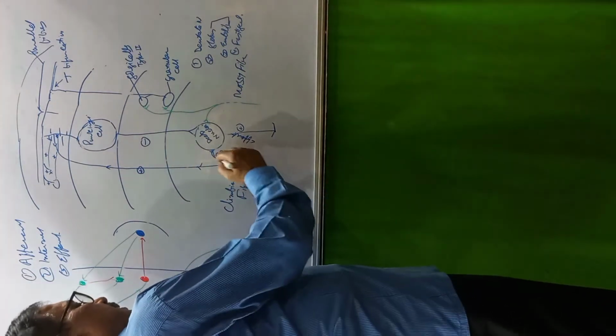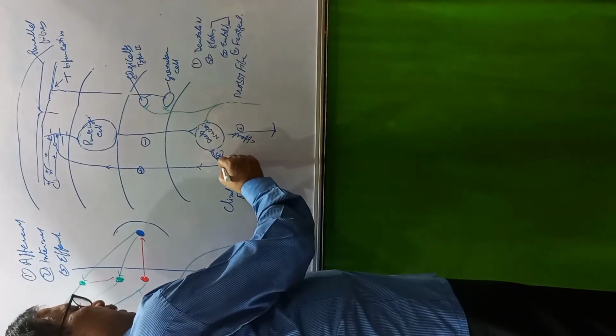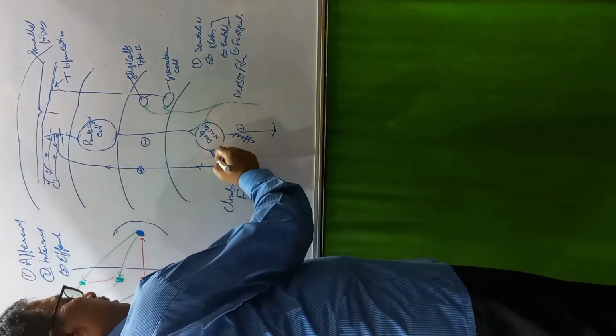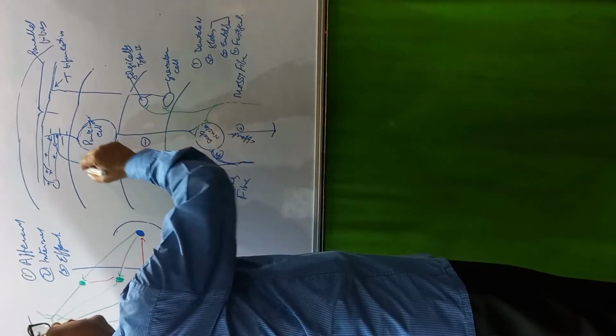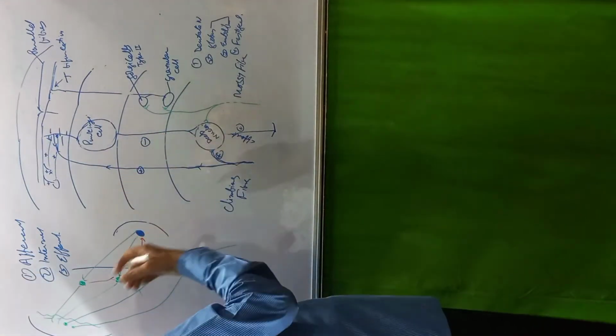These climbing fibers first stimulate the deep cerebellar nuclei. Then they go upward to the molecular layer.